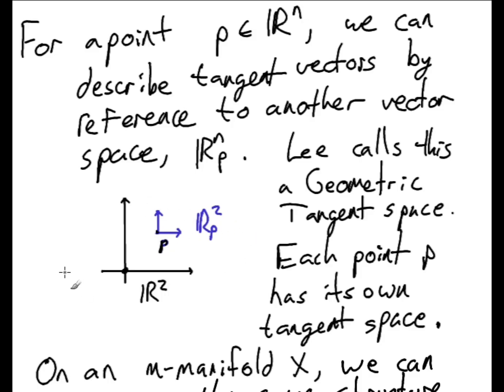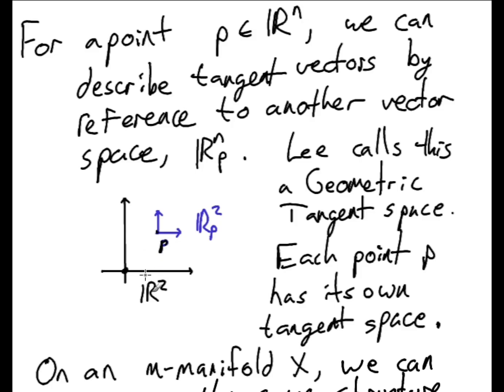So this might look a little bit strange, but this point P in this vector space R2, imagine I staple a vector space right here at this point. And this point is the center of that vector space. Right? That's the origin. That's the 0 vector. And every vector in this new vector space is described in relation to this point. This is the type of tangent space that we're going to be making, right?